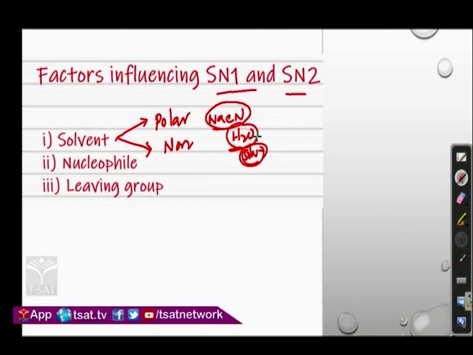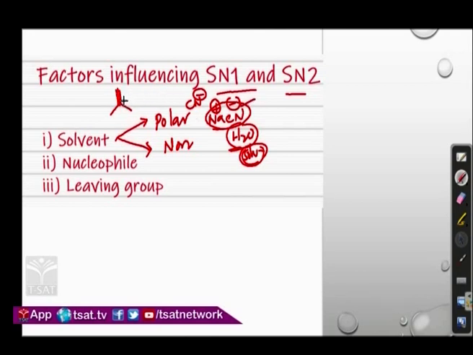So H2O is a polar solvent which increases the ionization of sodium plus and bromide minus, or KBr in the same way, so that CN minus is generated, which will attack the alkyl halide. This is the reagent pattern.